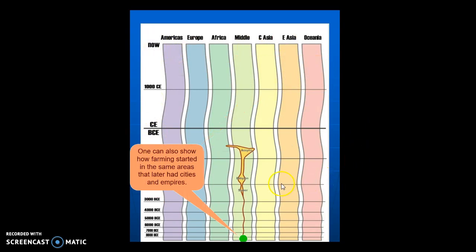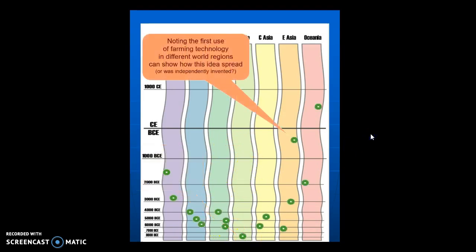Also on the GeoHistogram, we signify empires and groups of the past, where in the world they were located, and their geographic size. In this case, we have Mesopotamia, and you can see where farming started. This one is the spread of farming technology. You can see it precedes iron, and you can see the spread.